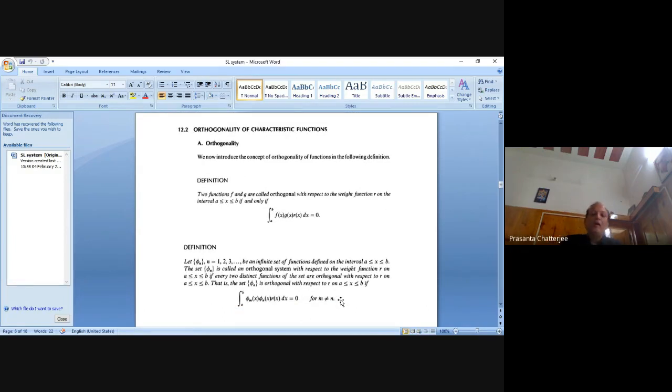Now, if we consider a set of functions phi n, n equal to 1, 2, 3, it may be an infinite set.